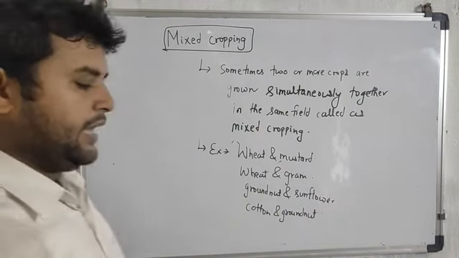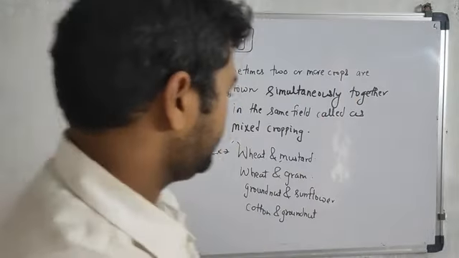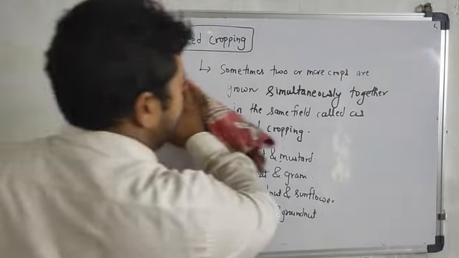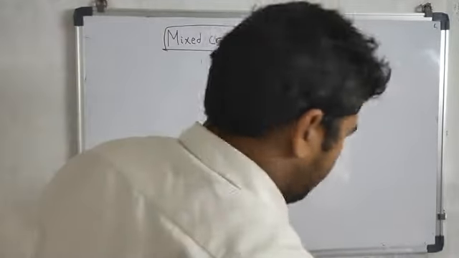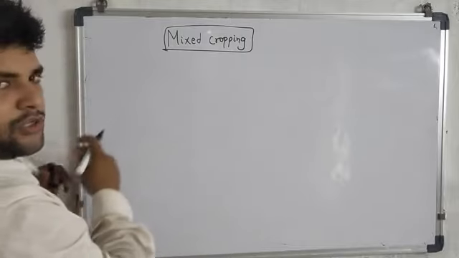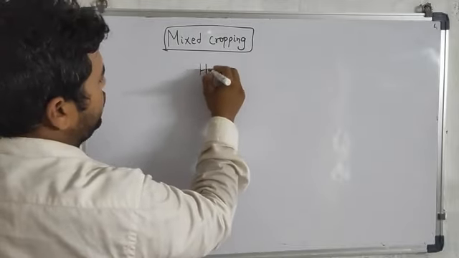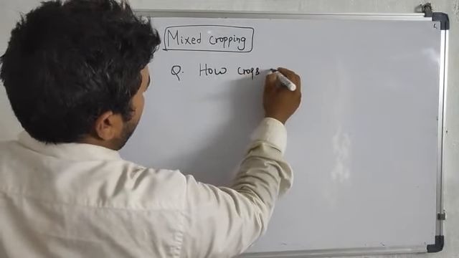So these are the examples of mixed cropping. Now the next question arises: how are crops chosen? We have discussed that in the previous cropping pattern also, so here also we are going to discuss how crops are chosen.